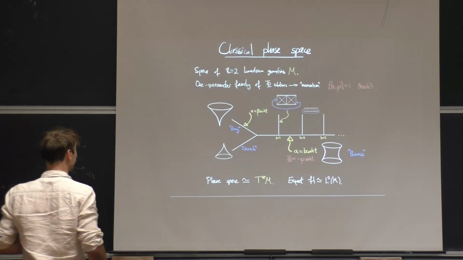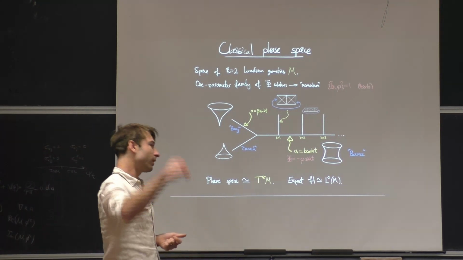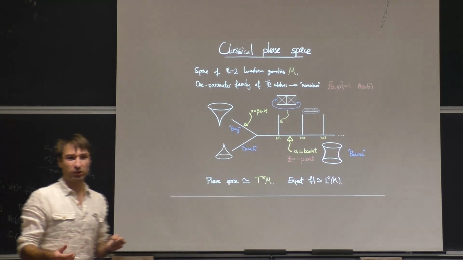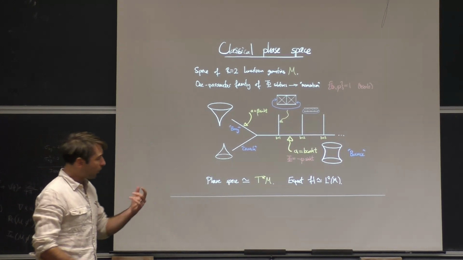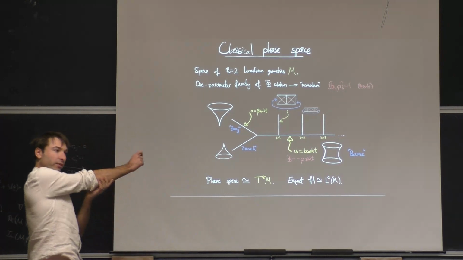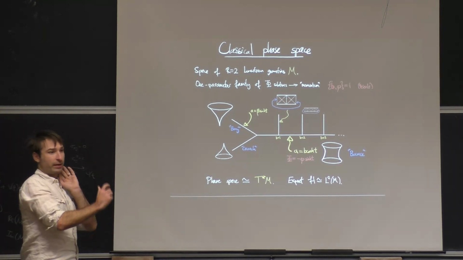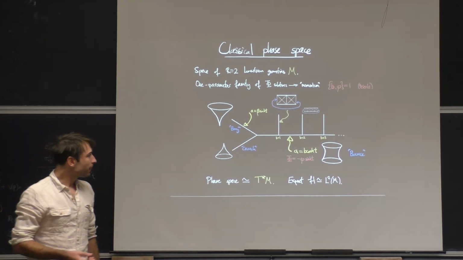Okay, so now to actually turn it into a phase space, I've just given you a one-dimensional space of geometries. I need to put something else on top of it, which is the classical solution for the dilaton as well. I won't go into the details, but for each fixed geometry, there's a one-parameter family of possible dilaton solutions, at least away from these vertices.